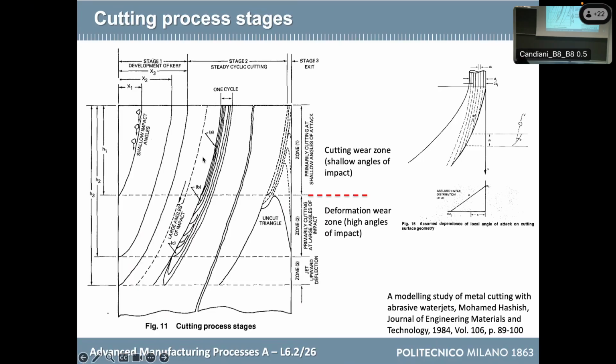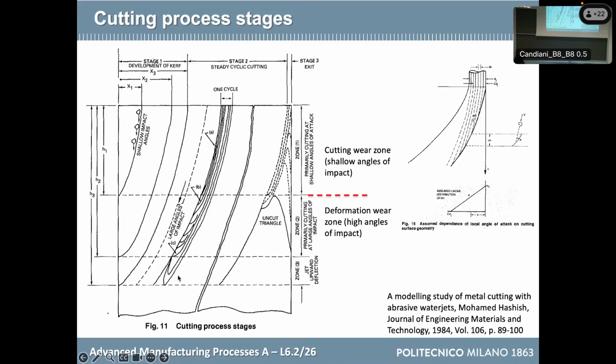I can also say something more, because I can say that ductile materials are cut very well here, because they prefer to be cut by shallow angle of impact. Instead, when I go too much into the depth, the cutting action of the jet on ductile materials, like metal, like aluminum, like steel, is not effective anymore, because in this case, the jet is arriving almost perpendicularly, because the cutting front here has bended.